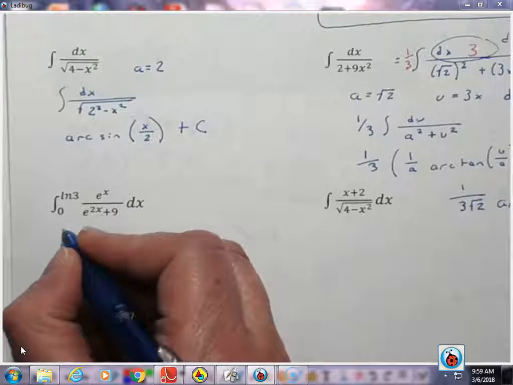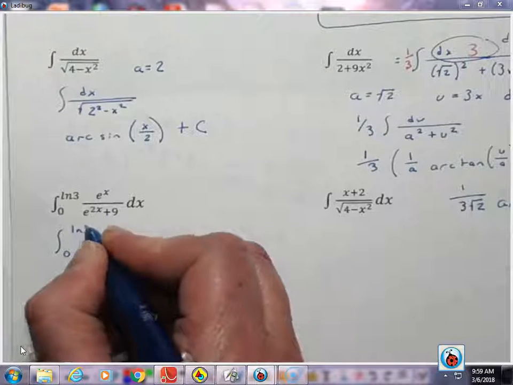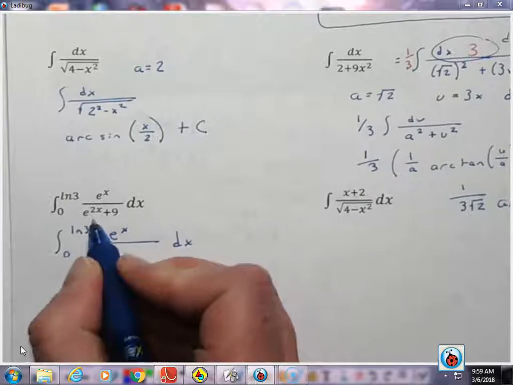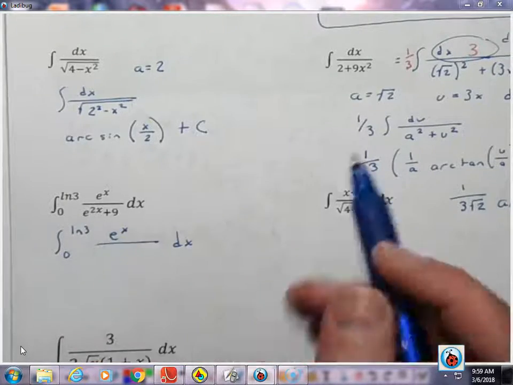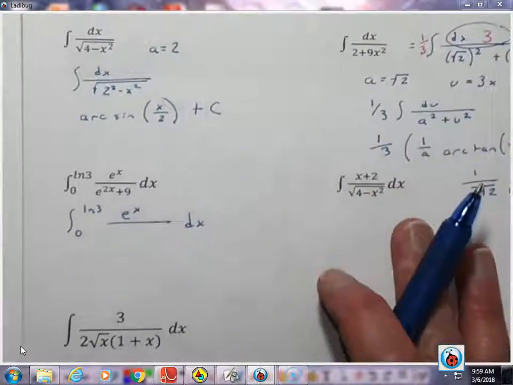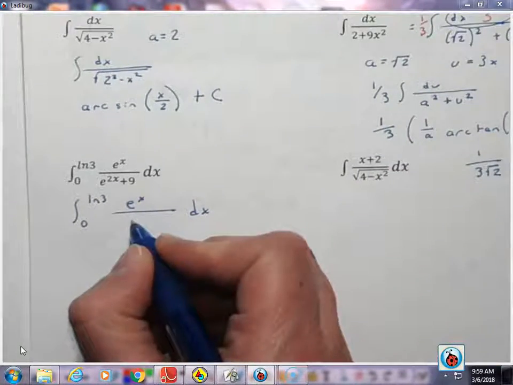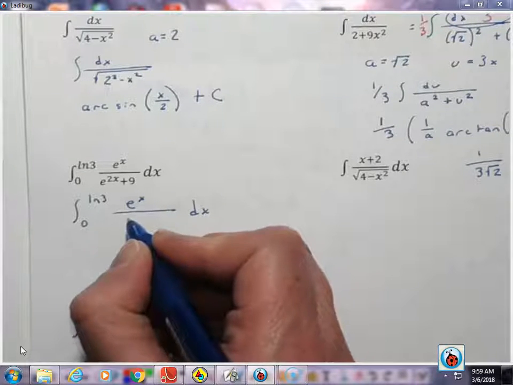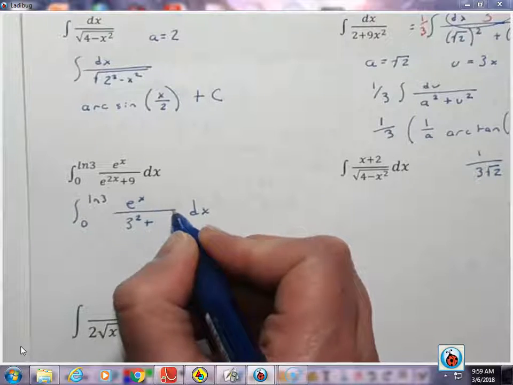So I'm going to rewrite this. I'm going to leave the e to the x and the dx. But I want to write this so that it looks like a squared plus x squared. Doesn't really matter the order. So thoughts on that? Okay, 3 squared first.